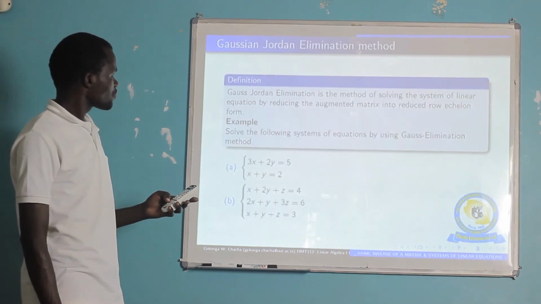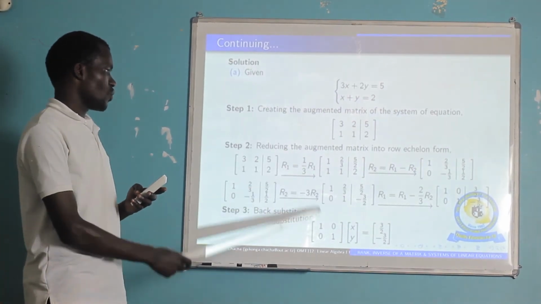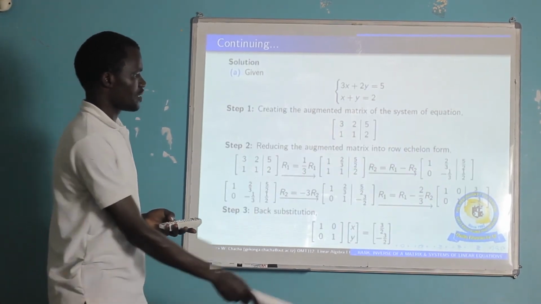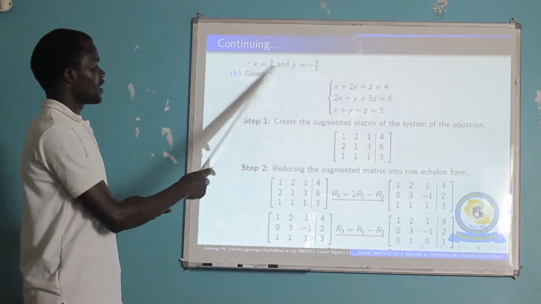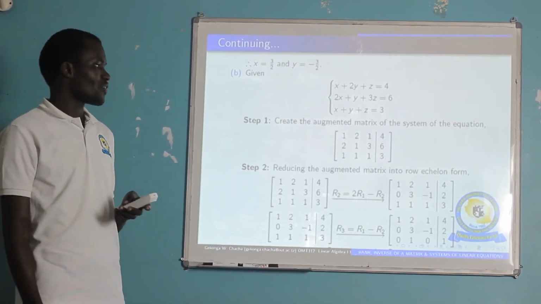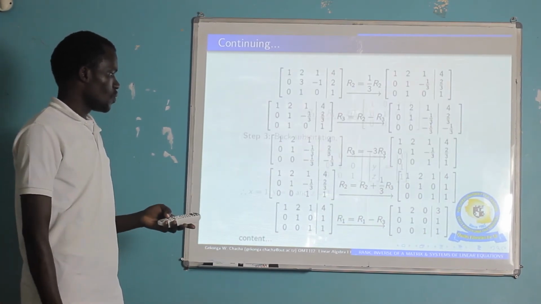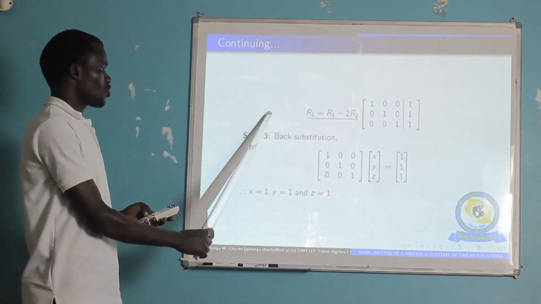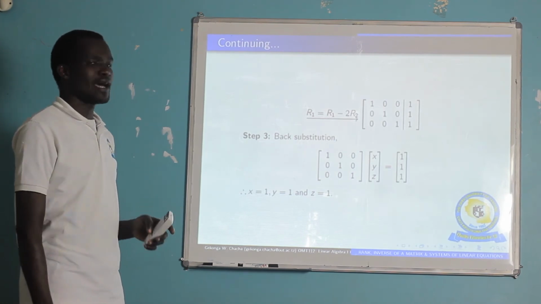For example, starting with A, we create an augmented matrix. We reduce it into reduced row echelon form. We get up to here, and then by back substitution, we directly get the values of x and y. The same applies to this one also, we reduce up to reduced row echelon form, we get this one here, and going to back substitution, we directly get the values of x and y.